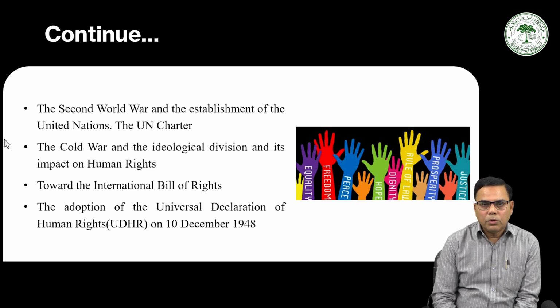Socialism and capitalism, these are the two antagonistic ideologies. Socialism, for example, believes in social control over the means of production, whereas capitalism believes in private ownership of the means of production.